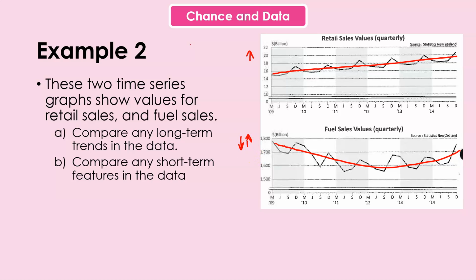So retail sales have tended to steadily increase from March 2009 to December 2014. After an initial drop, it appears that fuel sale values have been relatively stable. More data would be needed to decide if the increase in 2014 is the start of a change in the trend.